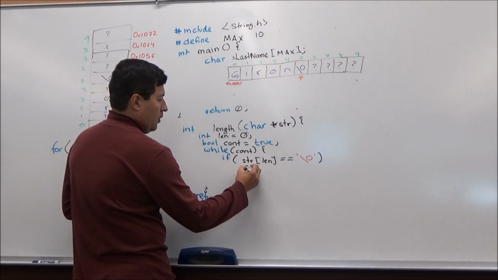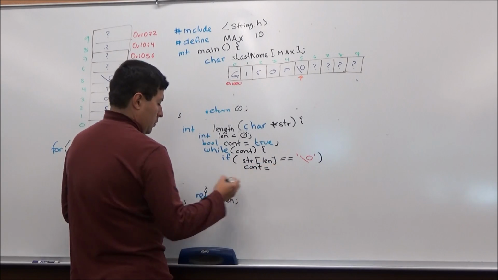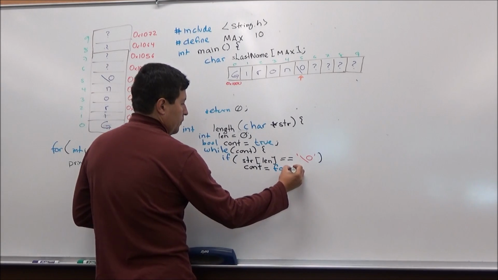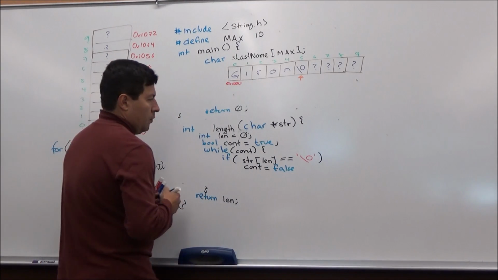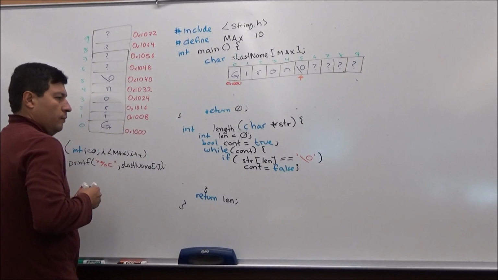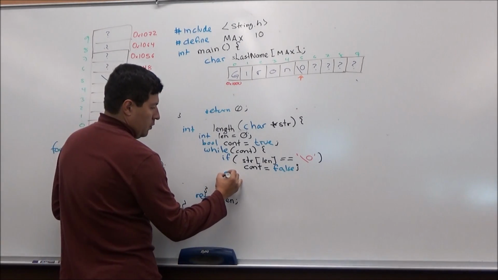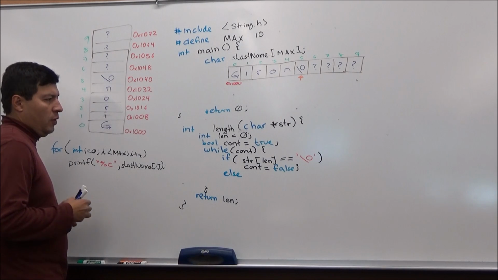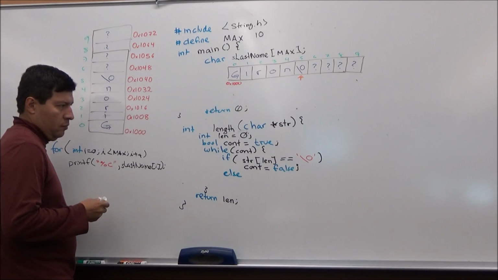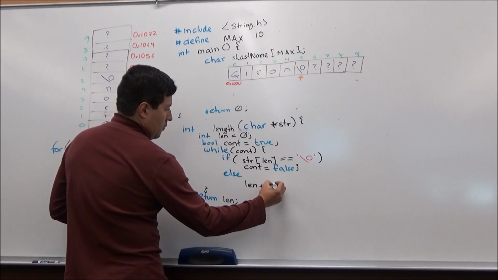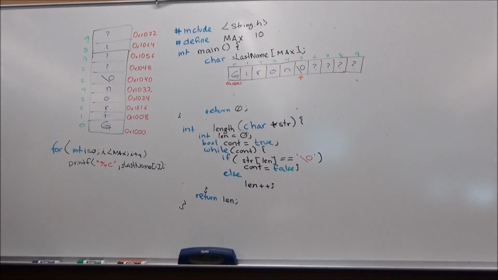We don't continue doing this anymore. We'll get out of here, and set it to false. But what if it wasn't? I need an else. And what should the else be? We'll just increment the size. I think that should work.